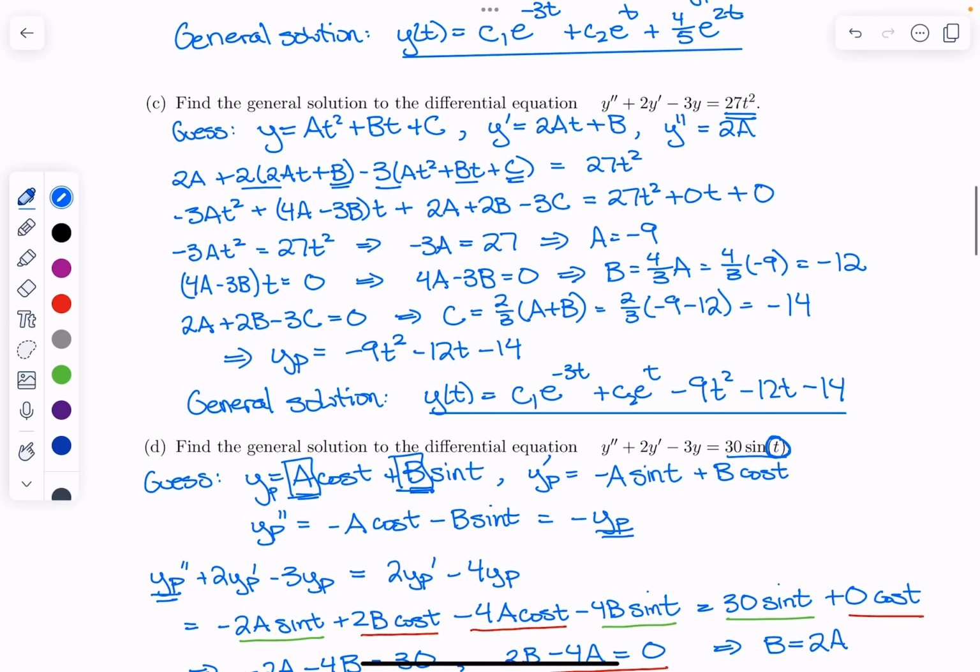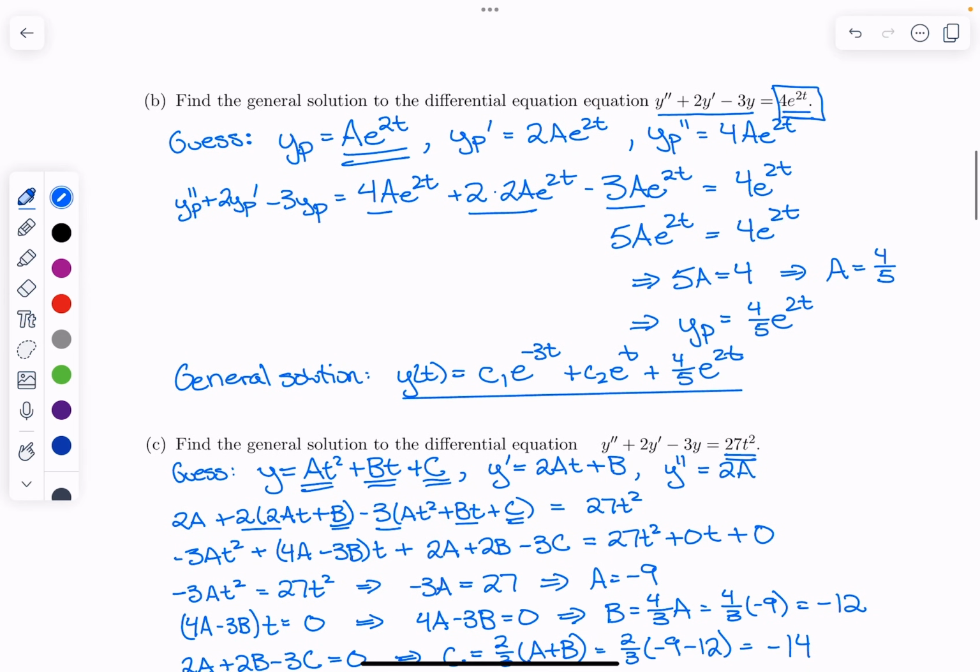Previously, I made a guess that had 3 undetermined coefficients. Here, I made a guess that had just 1 undetermined coefficient. And then by plugging my guesses back into the differential equation, I was able to determine what the coefficients are.